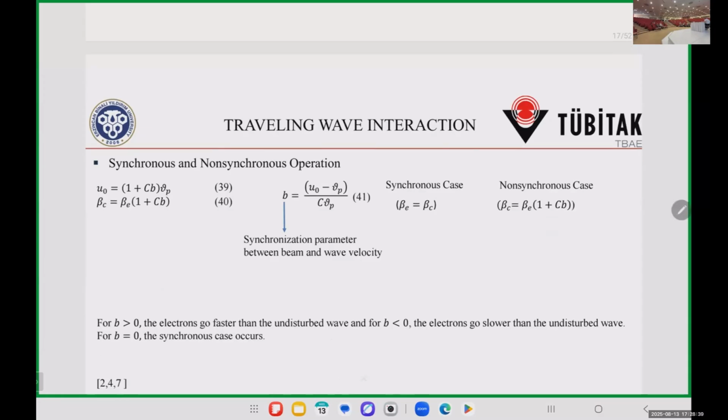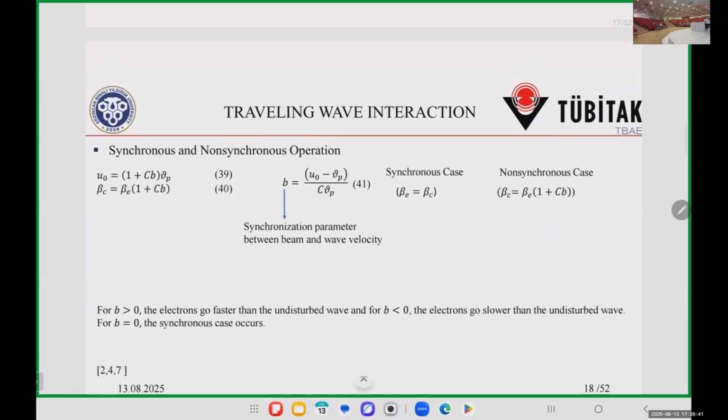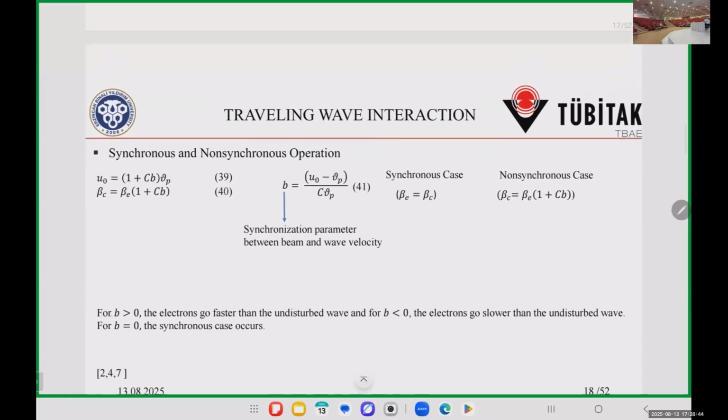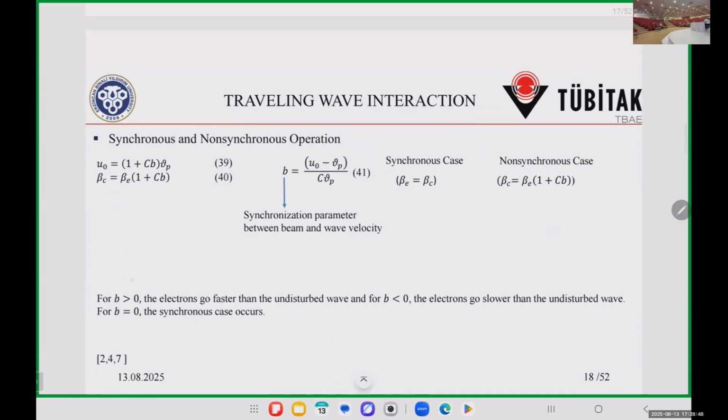So we can analyze, for example, for B greater than 0. If we check equation 41, we can say for B greater than 0, the electrons go faster than the undisturbed wave.